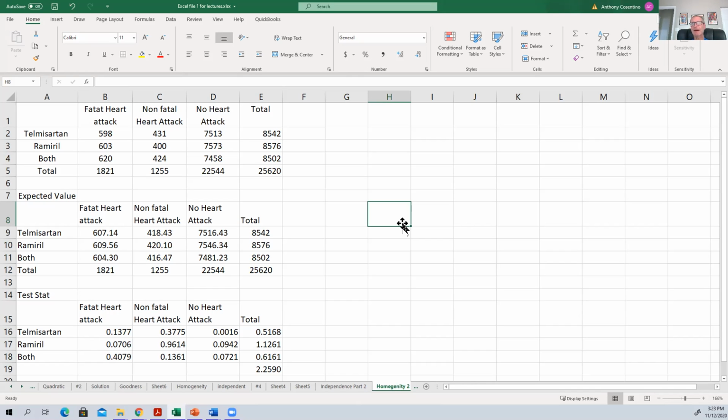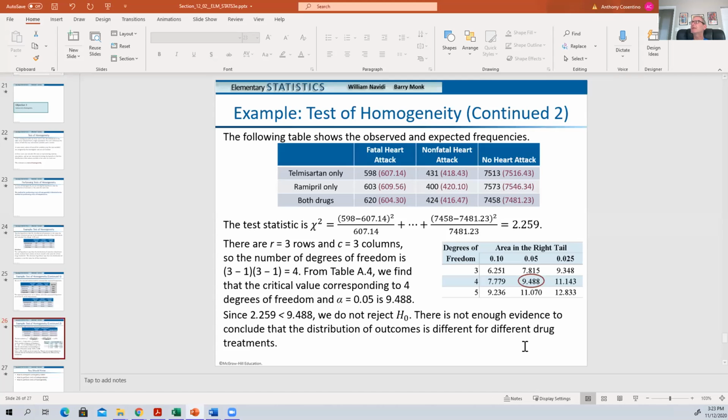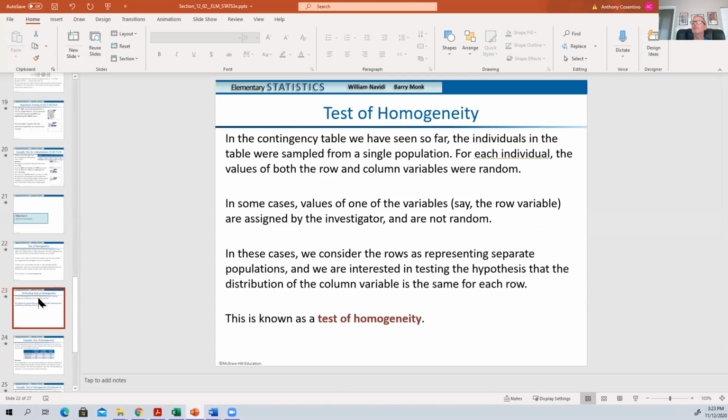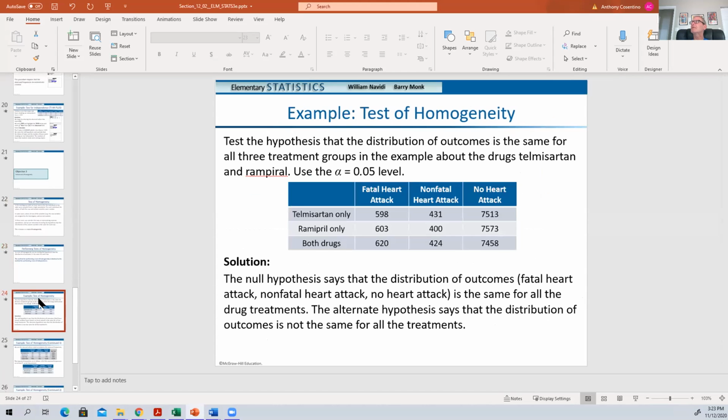So now we have to go back and figure out our chi number, right? Our chi-square number. And so we go back to double check here and see what we have here. Alpha level of 0.05. So we have 3 in the rows and 3 in the column.